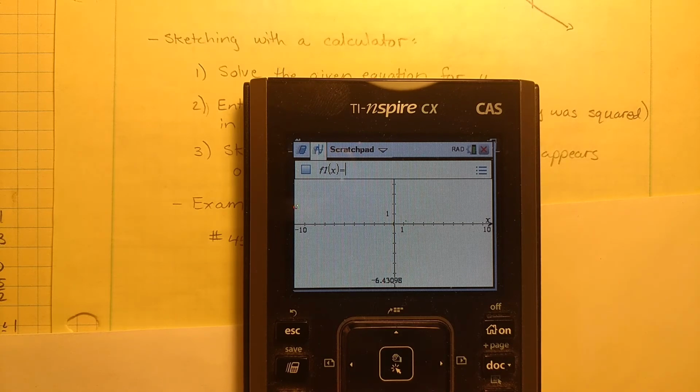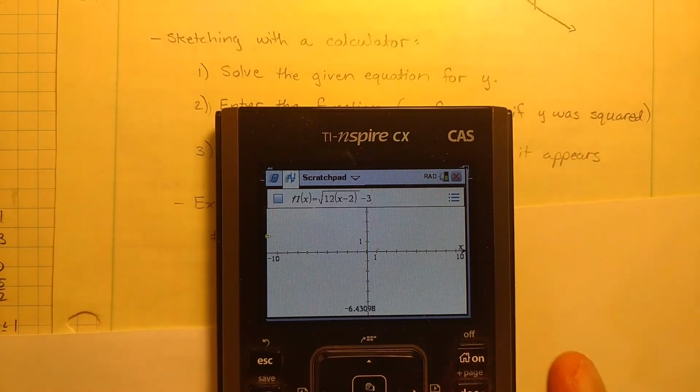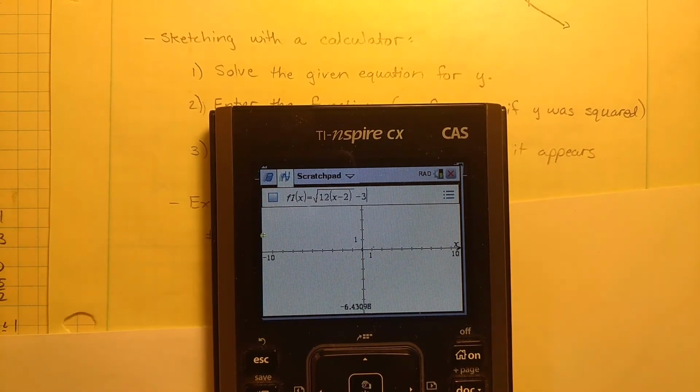So I'm going to enter the square root of 12 times (x minus 2), close the parentheses, and then that was going to be, I believe, minus 3. Let me double check, make sure I got that right. Yes. Make sure your minus 3 is outside of the radical.